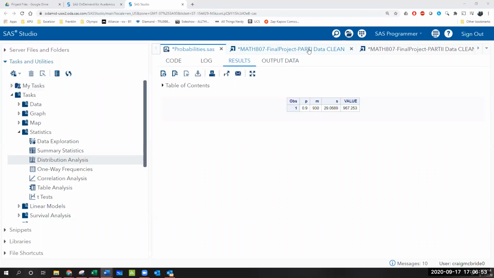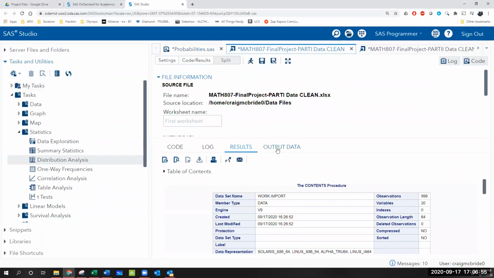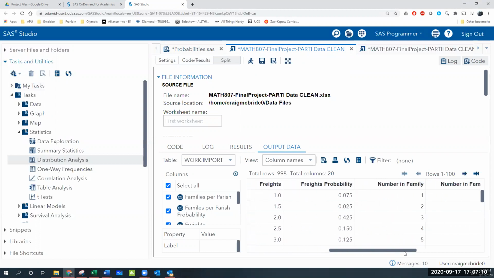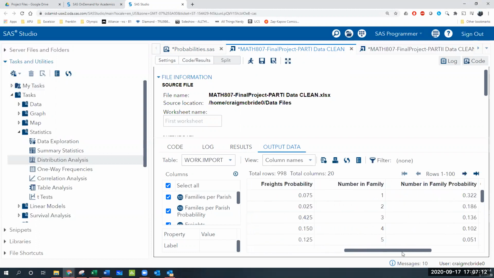So here's my part 1 data. I've already loaded it in, and you can see that I used the clean data set that I put in the Google Drive for everybody. So here's families per parish, and then families per parish probability, and then freight probability, number and family probability.